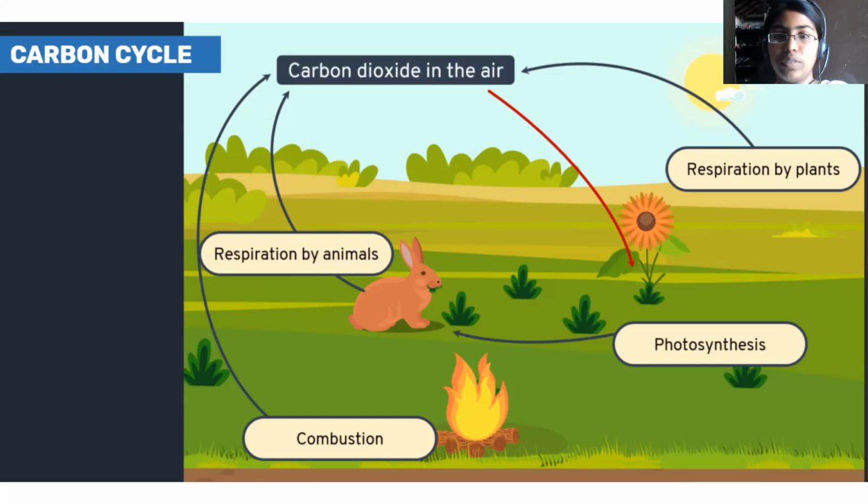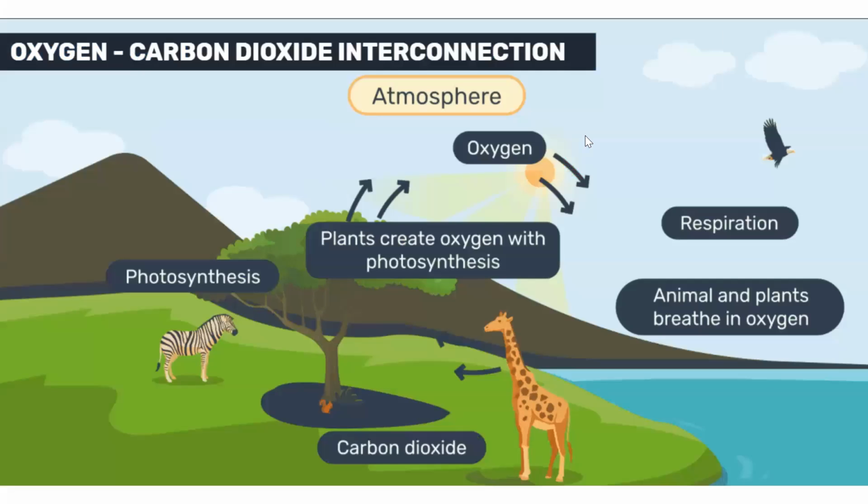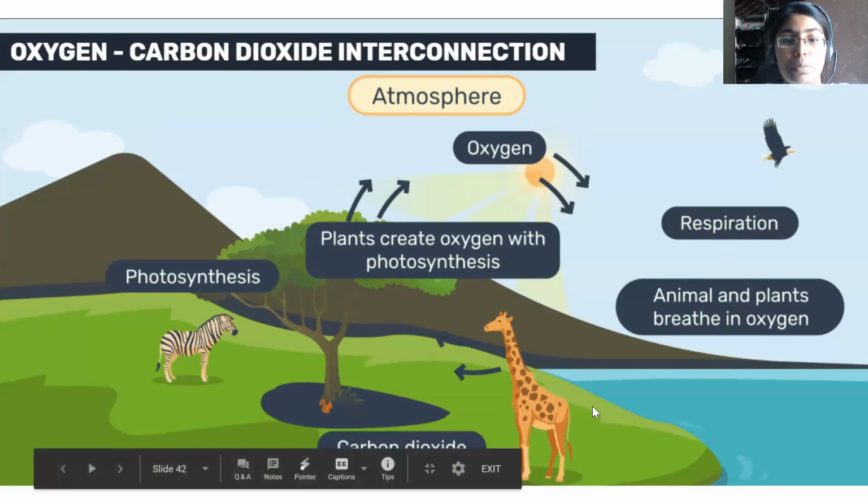Okay, good. Everyone has completed? Rahul, Vijay, Nandana? Yes, ma'am. So next, this is the interaction of how the carbon dioxide and the oxygen interact with each other. In the atmosphere, we have oxygen. By the respiration process, animals and plants breathe in oxygen, so that again carbon dioxide will be released out.